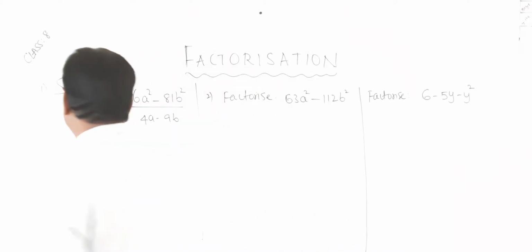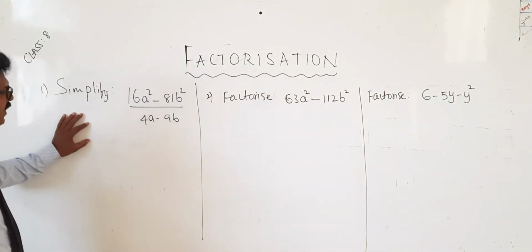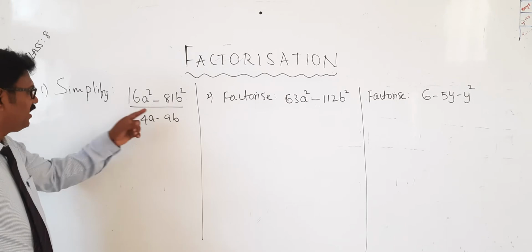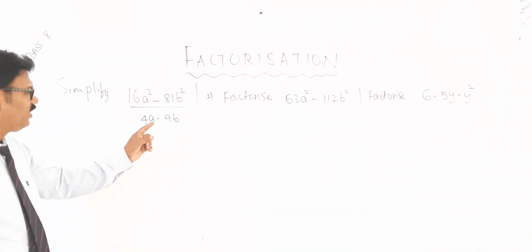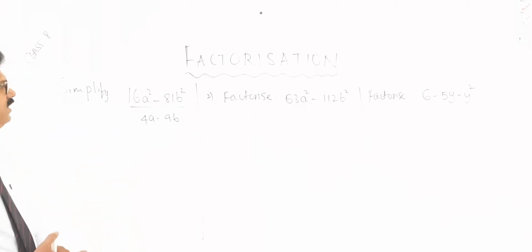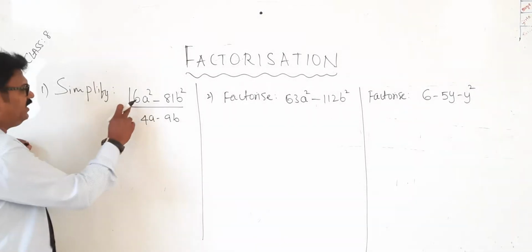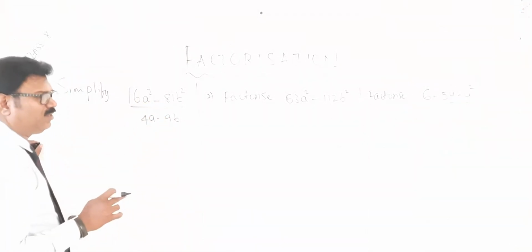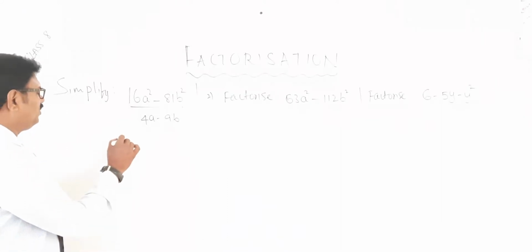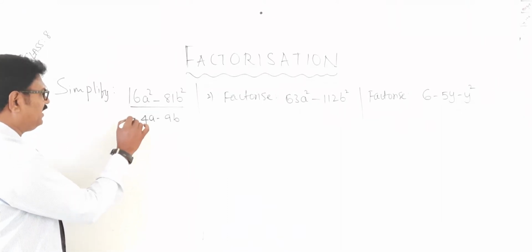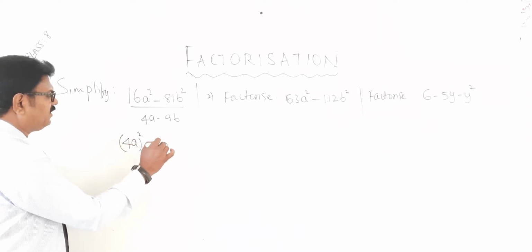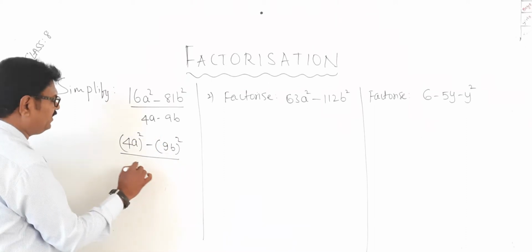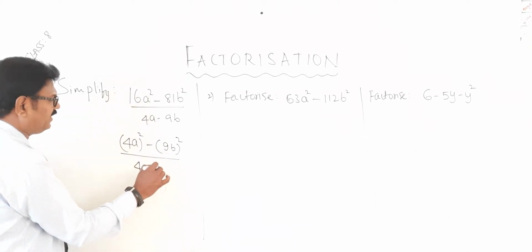Simplify 16a square minus 81b square divided by 4a minus 9b. If you look at these two terms, both are perfect squares. So I will write it as 4a whole square minus 9b whole square divided by, as it is, 4a minus 9b.